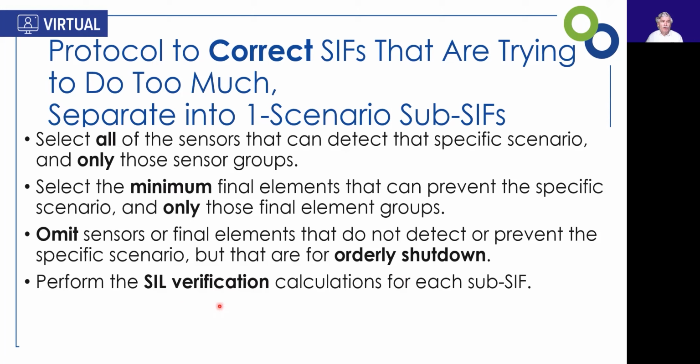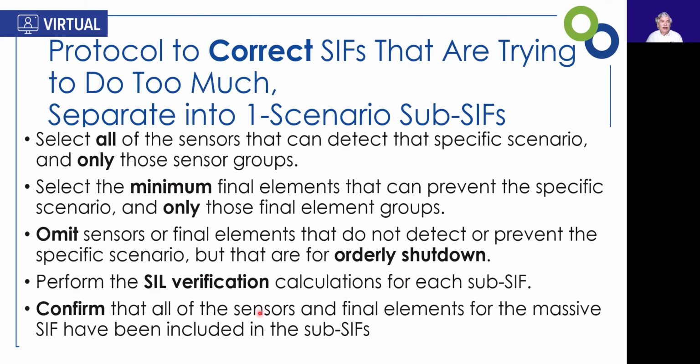We want to perform the SIL verification calculations for each sub-SIF. And then we want to confirm that all of the sensors and final elements for the massive SIF have been included in the sub-SIFs.